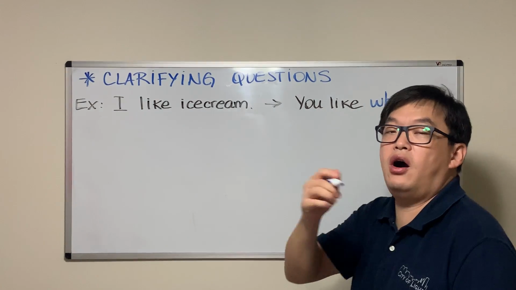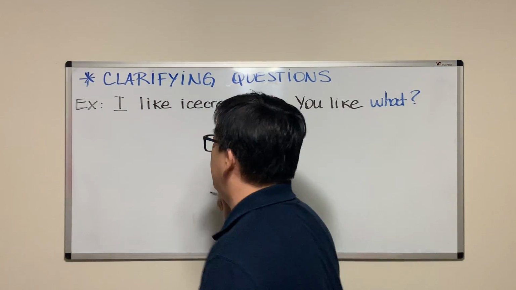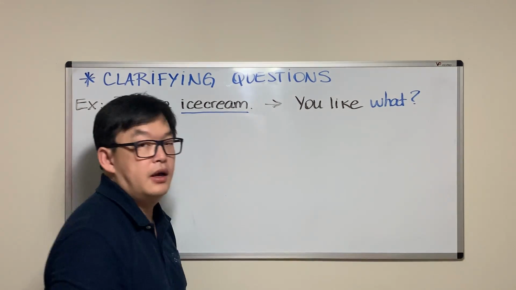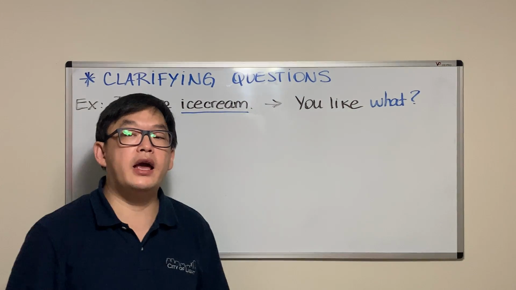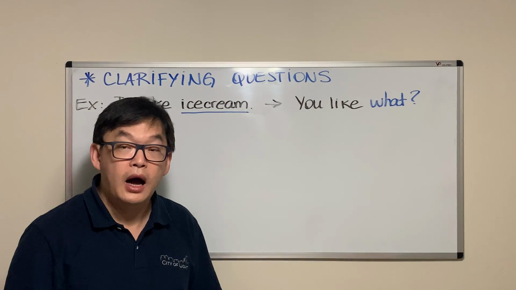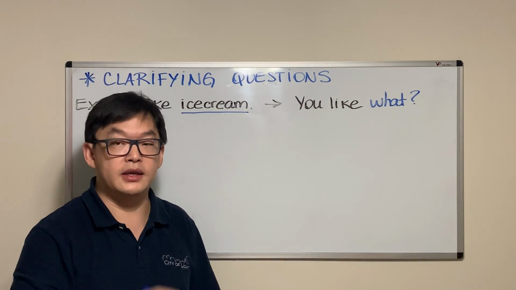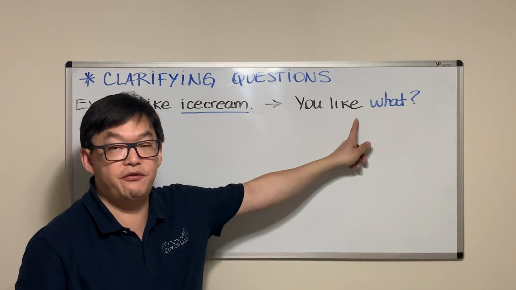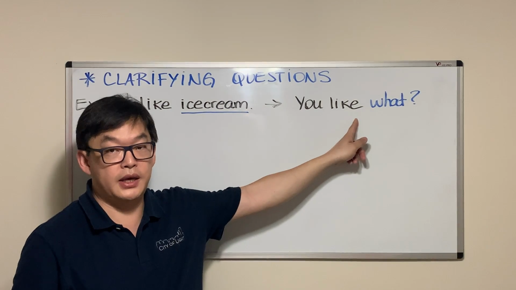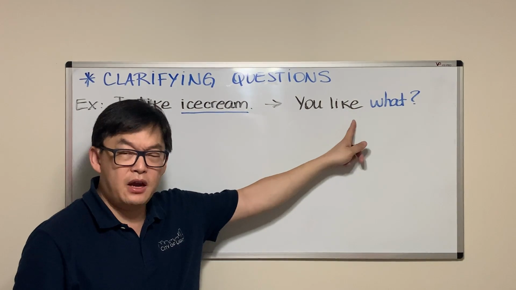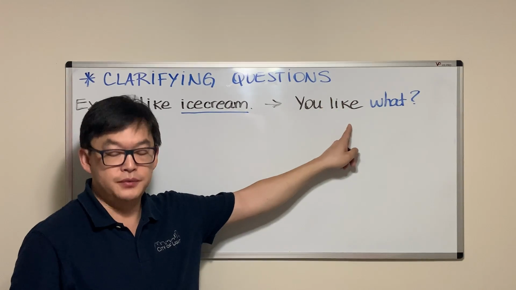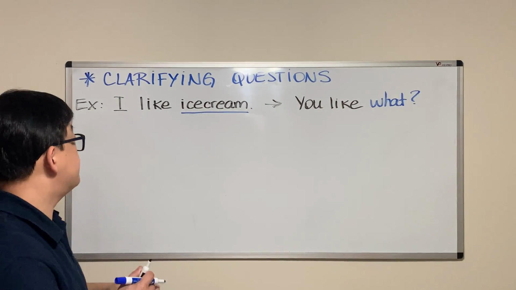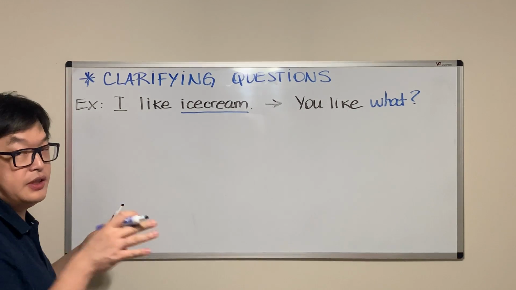I like ice cream. Oh, now I understand. So easy, right? Hey, I like. You like what? I like ice cream. Oh, got it. This is a clarifying question. Very important, very useful. And you see that we can use this in many ways.